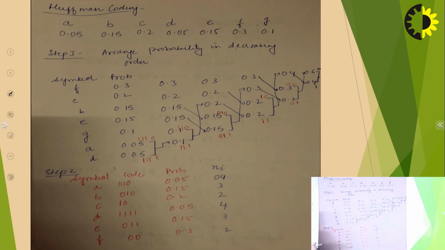In this example, you are given symbols A to G, and I have assumed the probabilities: for A it is 0.05, for B 0.15, for C 0.2, for D 0.05, for E 0.15, for F 0.3, and for G 0.1.